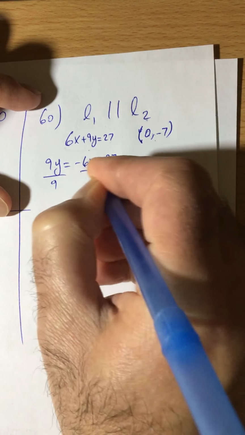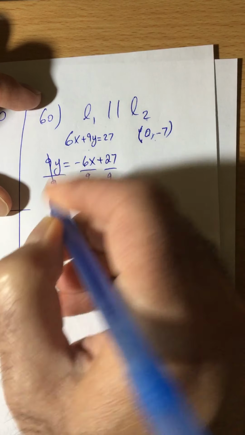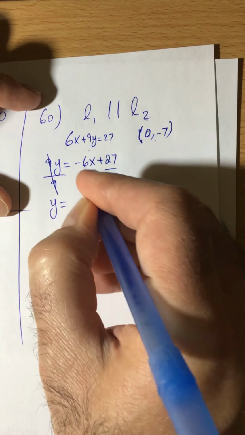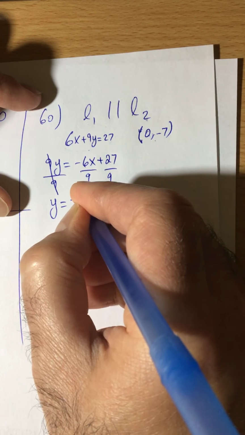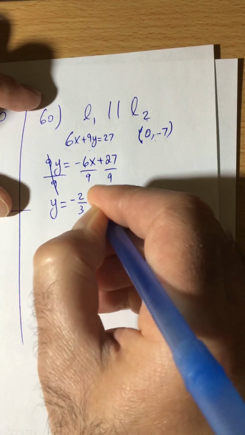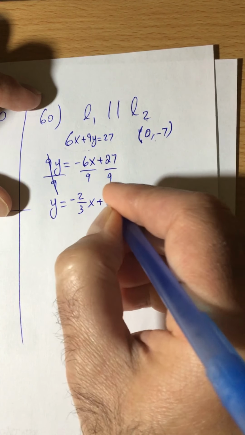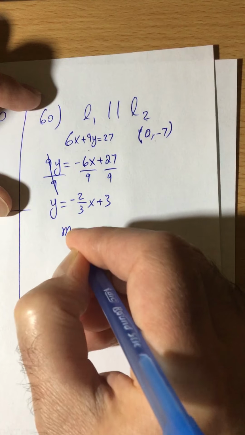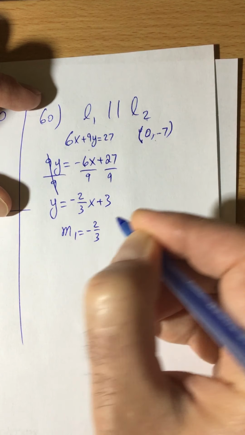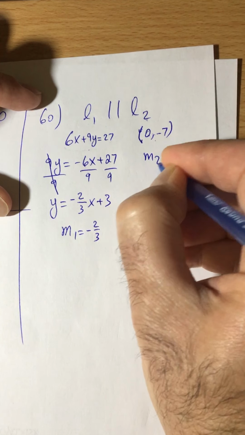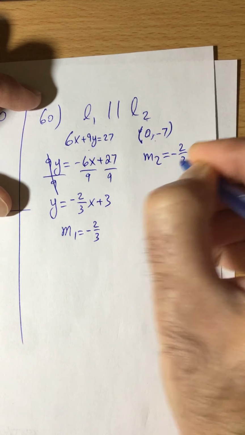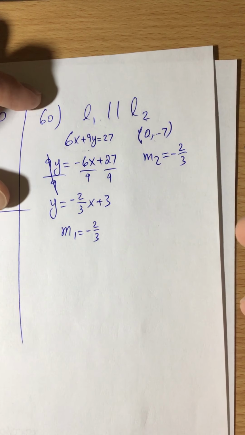Divide by 9. y equals, this is divisible by 3, so negative 2/3 of x plus 27 over 9 is 3. So what's the slope of line 1? Negative 2/3. That means the slope of line 2 is also negative 2/3 because the lines are parallel.